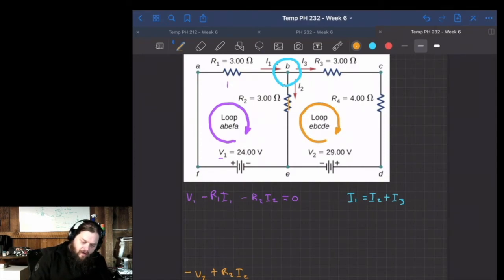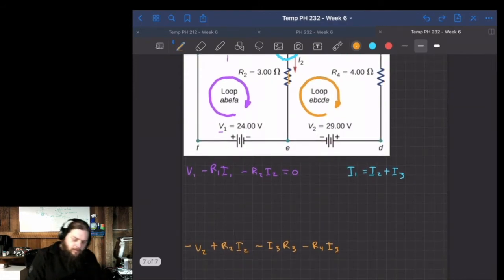Going across the top, we would then subtract I3 R3. Then going down the right side, we're going to subtract R4 I4, or I3 again, because this has the same current. This current flows all the way down and around through here. And that's all going to be equal to 0.